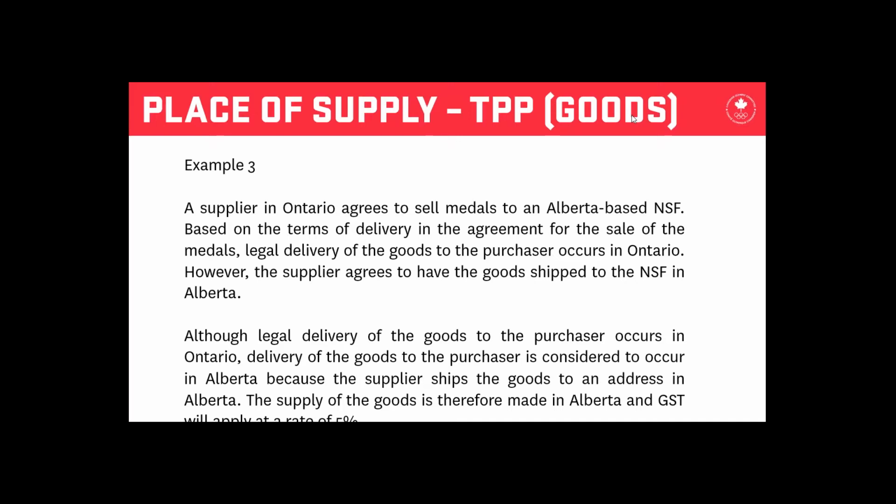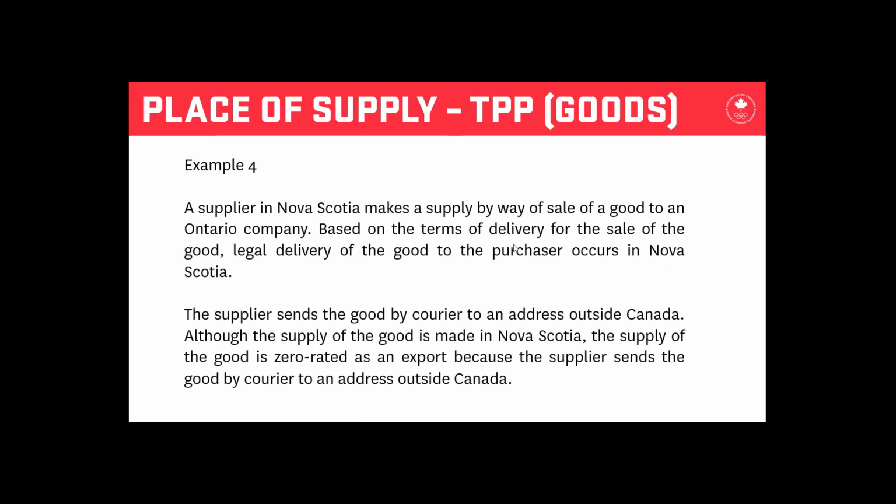I do one more example, and that is in the case of export. I'm going to preface this by saying that if you're in this situation, I strongly encourage you to talk to a tax expert or potentially even the CRA, because there are lots of bells and whistles, lots of catches to this one.